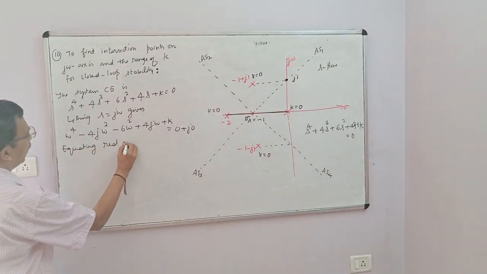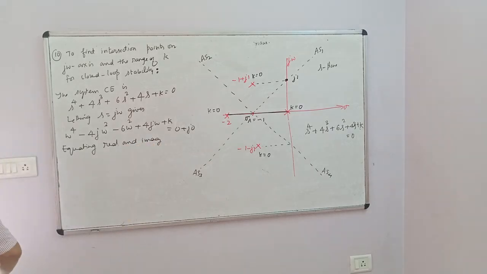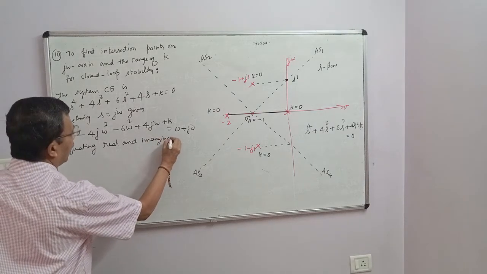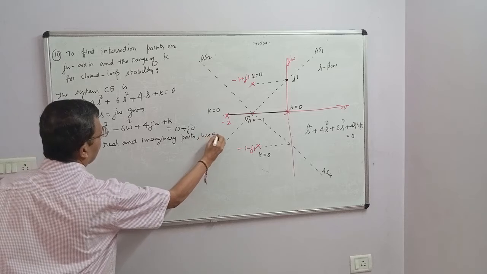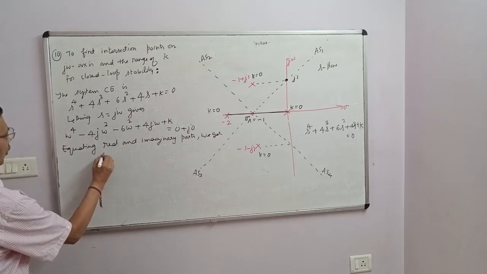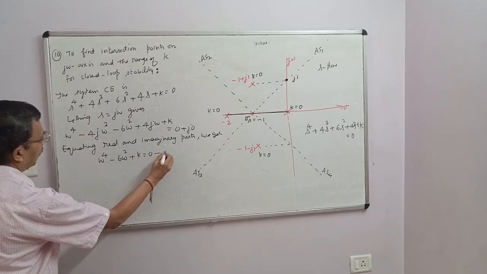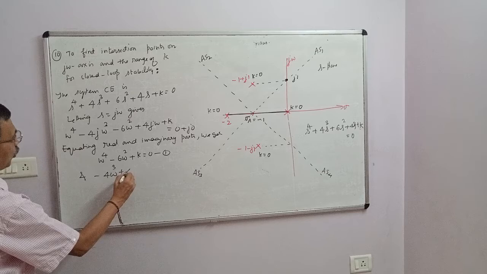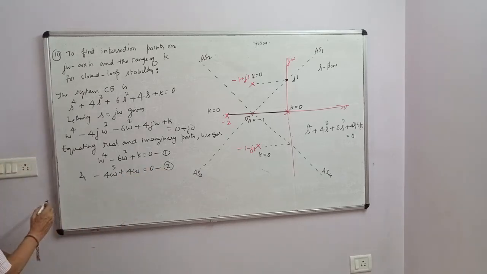Equating real and imaginary parts on both sides, we get omega to the power 4 minus 6 omega square plus k equal to 0, equation 1, and minus 4 omega cube plus 4 omega equal to 0, equation 2.